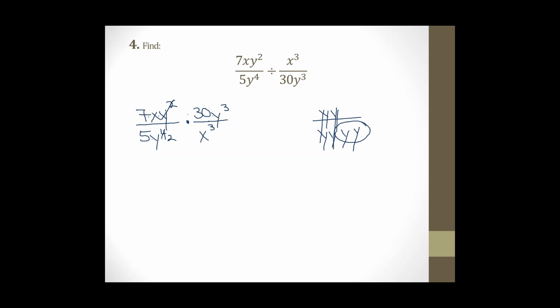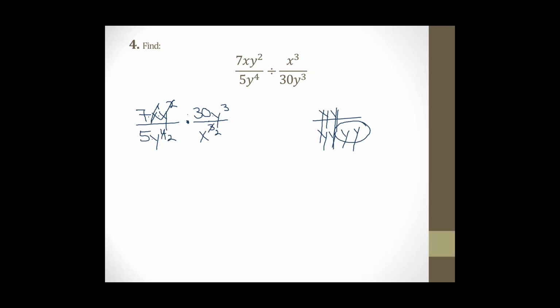Now I have an x here, which has an exponent of 1, and x cubed in the bottom. Again, I subtract 1 minus 3, which is negative 2, so negative answers go on the bottom. I'm left with 2 x's here, and this one is gone. Now I have y squared left here and y cubed here.